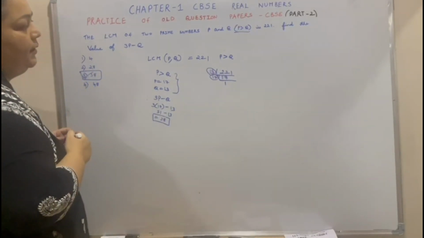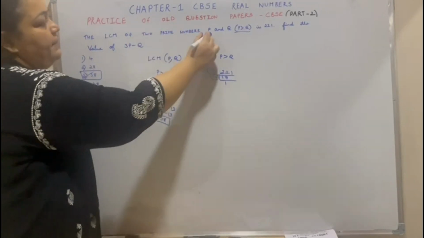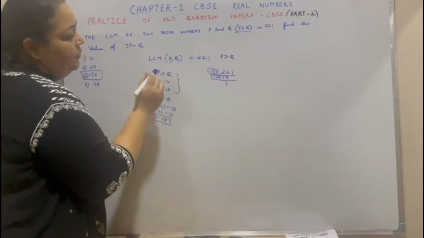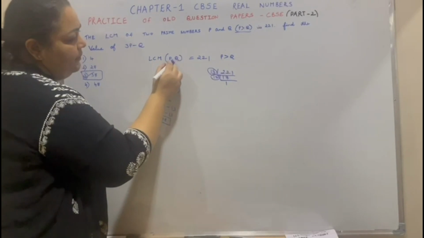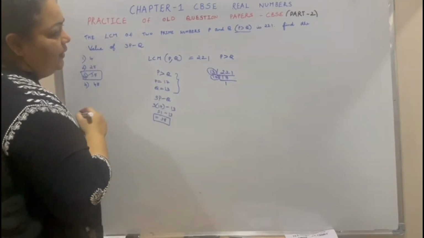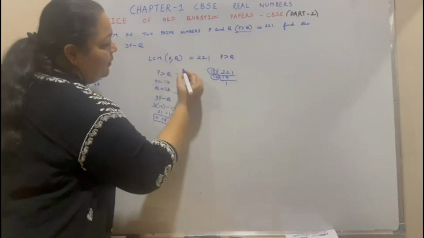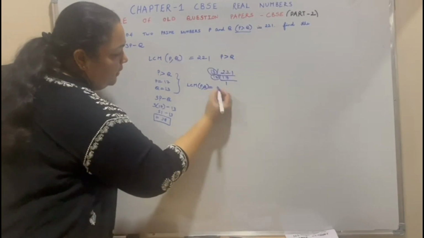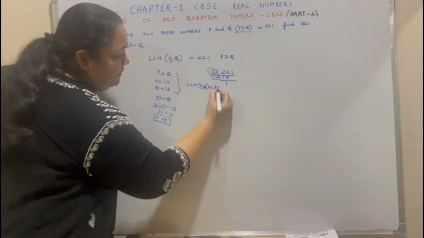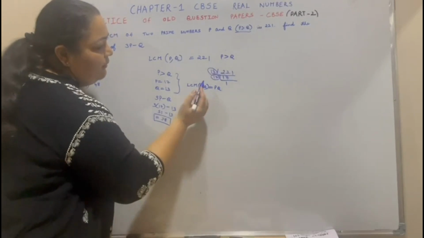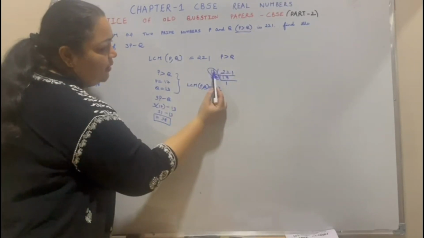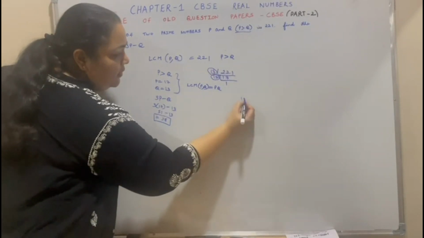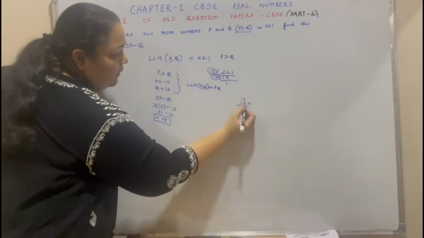So what they are telling us is the LCM of two prime numbers p and q is 221. We know the LCM of two prime numbers will be the product of the two prime numbers, so the product will be p and q. That's why we took the prime factorization, 13 into 17, which is 221.